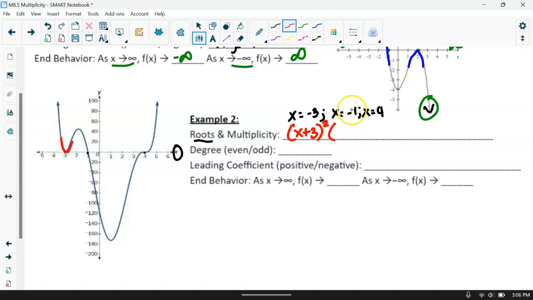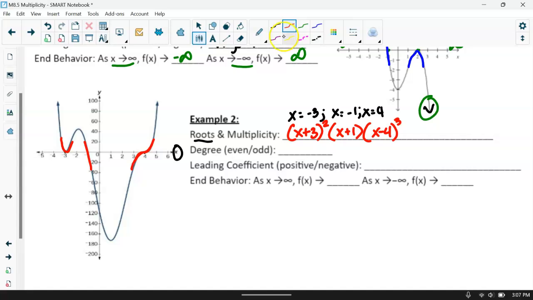Then here at -1, so x plus 1, what's our multiplicity? 1, because it just slices, cuts through, so we'll leave it. Then here, x is equal to 4, so x minus 4. What's our multiplicity? 3, because notice how here we've got our bend.